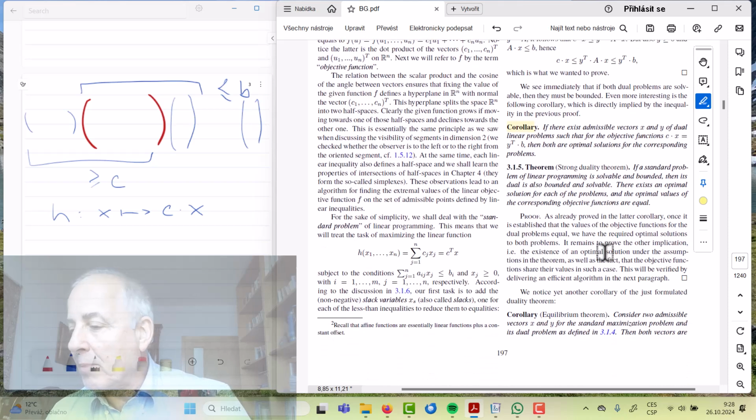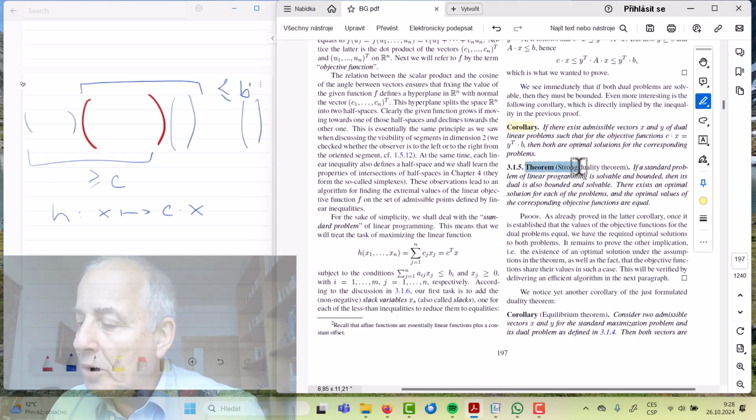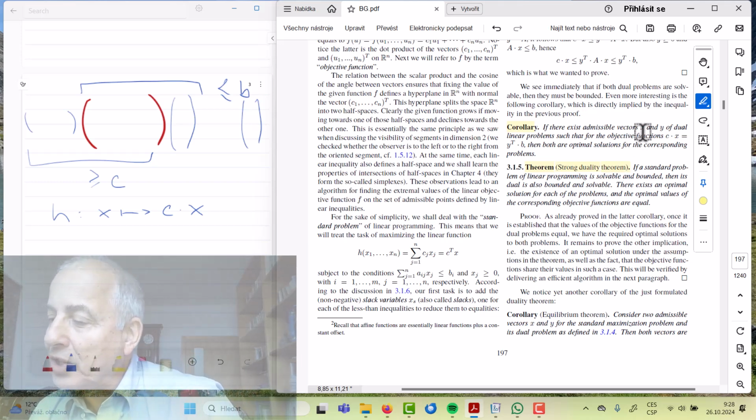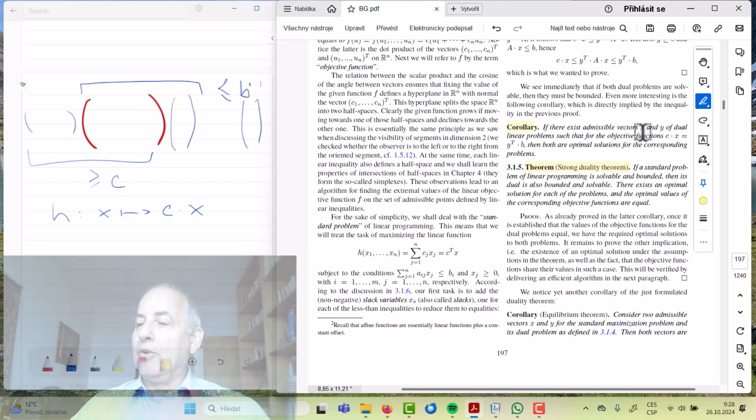And moreover, there is the strong duality theorem, which strengthens this observation in such a way that not only if we find such vectors x and y with equality, then it's the optimal solution, but it says that if the problem is well posed, so the areas of interest are not empty, then it happens with both of the problems at the same time, the original and the dual one, and there is an optimal solution.